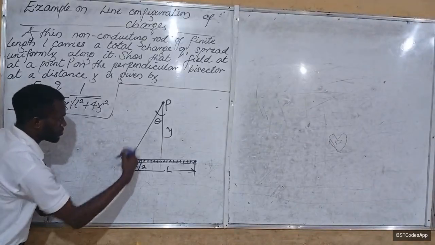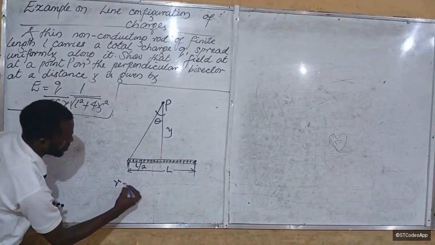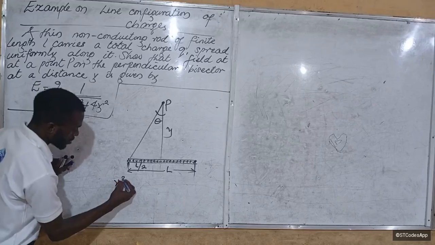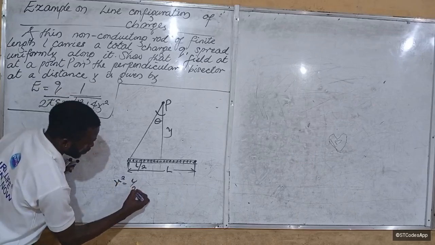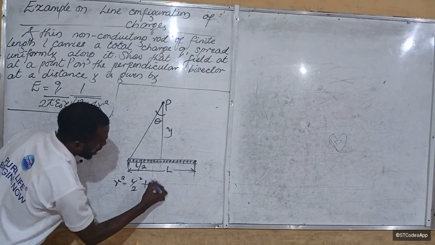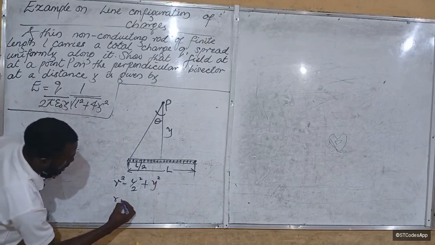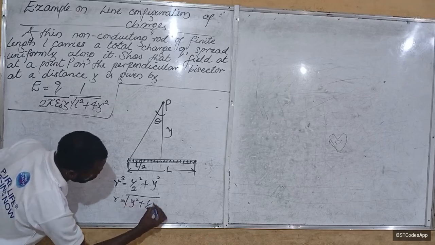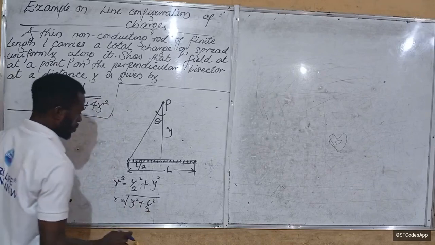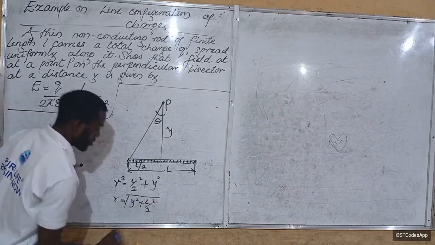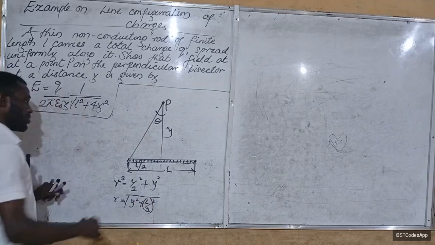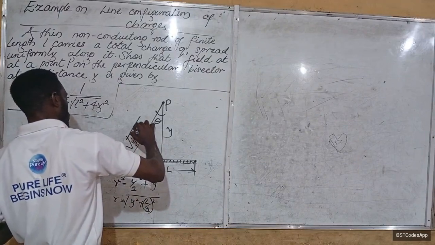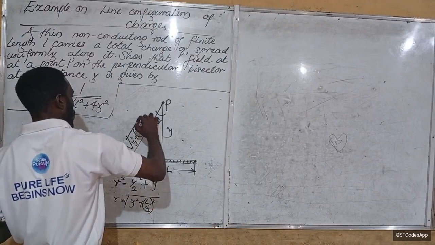So R squared is equal to L over 2 squared plus y squared. So our R becomes the square root of y squared plus L over 2, all squared. So that's what this side will be.